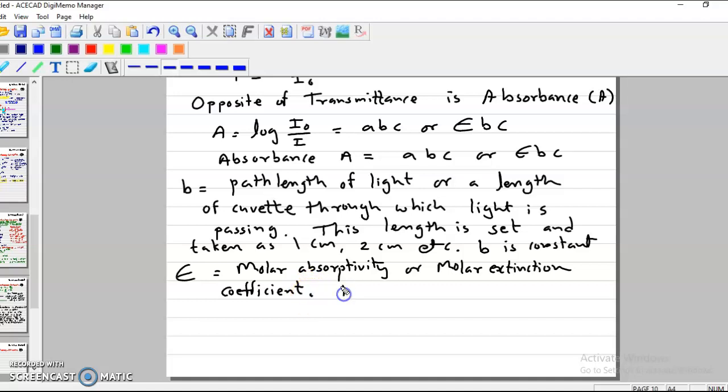It is also set, and it is set by the chemical compound and the wavelength at which it is absorbed.